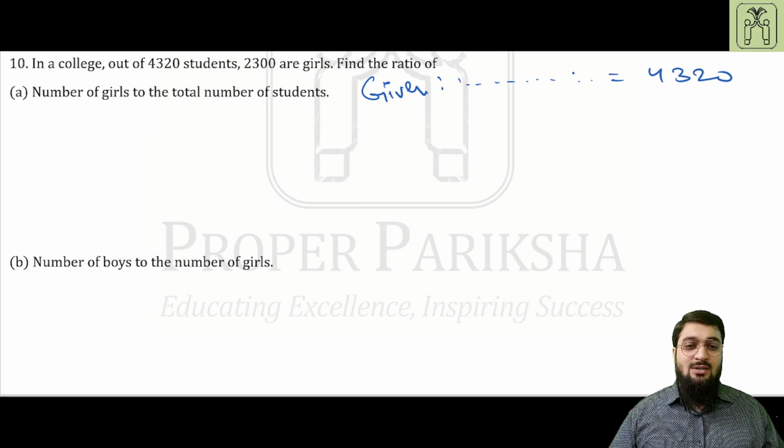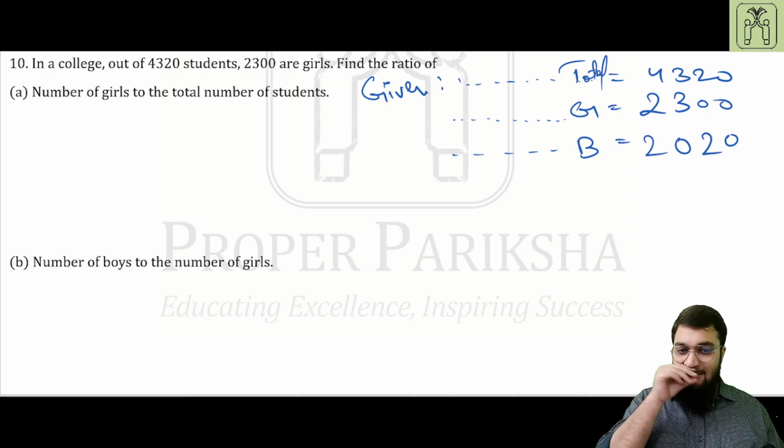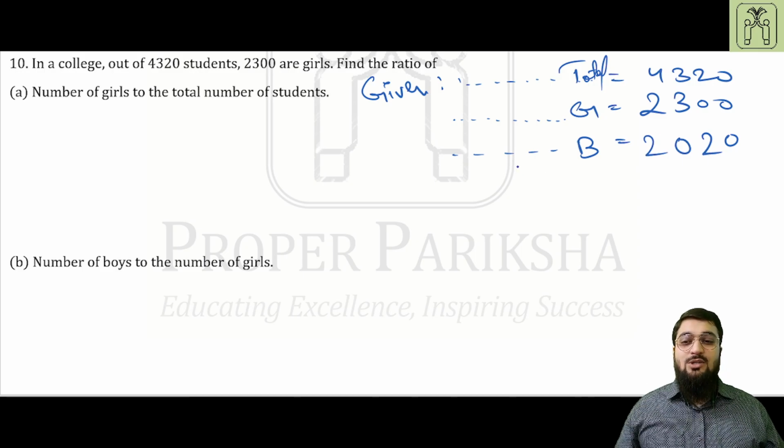Total number of girls in a college is equal to 2,300. Total number of boys in a college is equal to the difference, so we'll just subtract and get the answer. 0 minus 0 is 0, 2 minus 0 is 2, 3 minus 3 is 0, 4 minus 2 is 2. So 2020 is the total number of boys in the college.